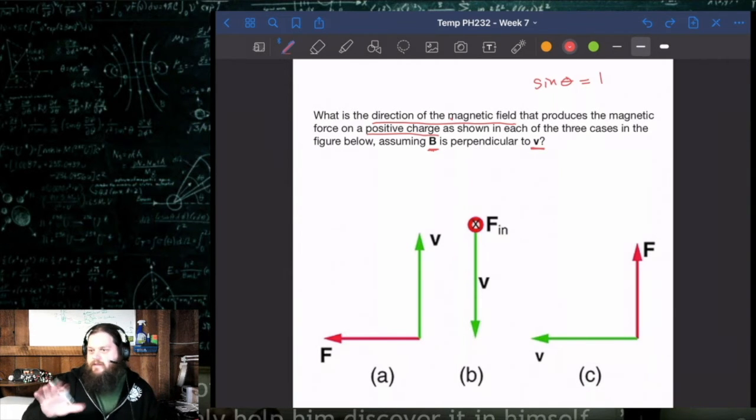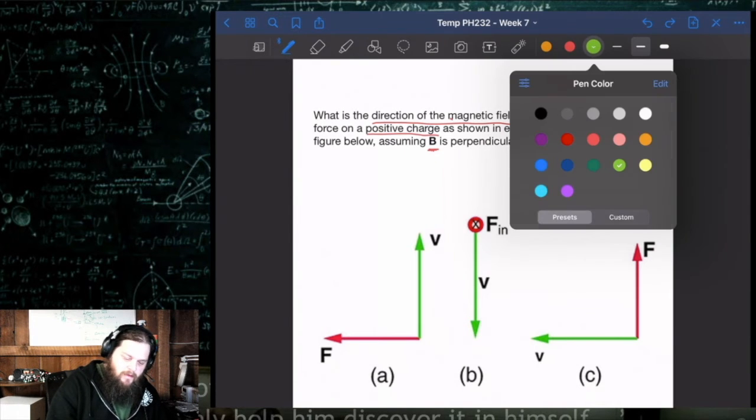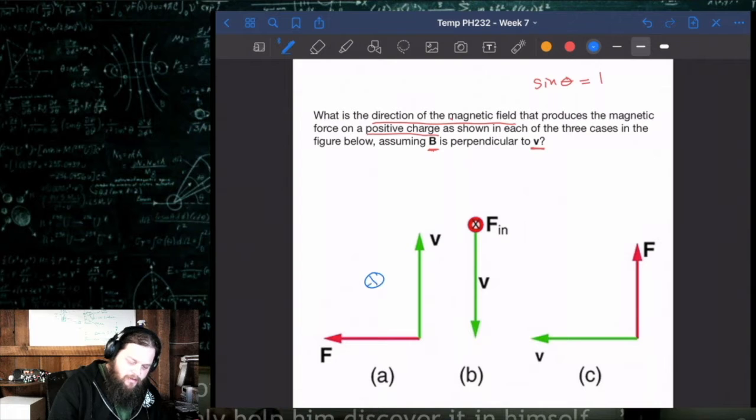So yeah, if you do this on yours, point your thumb in the direction of the force and your fingers in the direction of the velocity, and then curl your fingers. With your right hand, you should be curling it down into the page. So your magnetic field should be going into the page there.